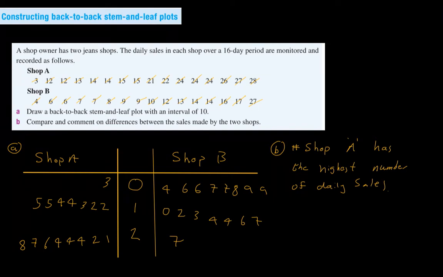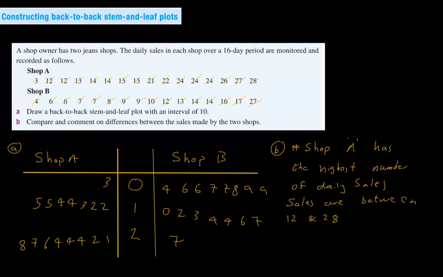and sales are between 12 and 28. So we're omitting the 3 because we're calling the 3 an outlier.